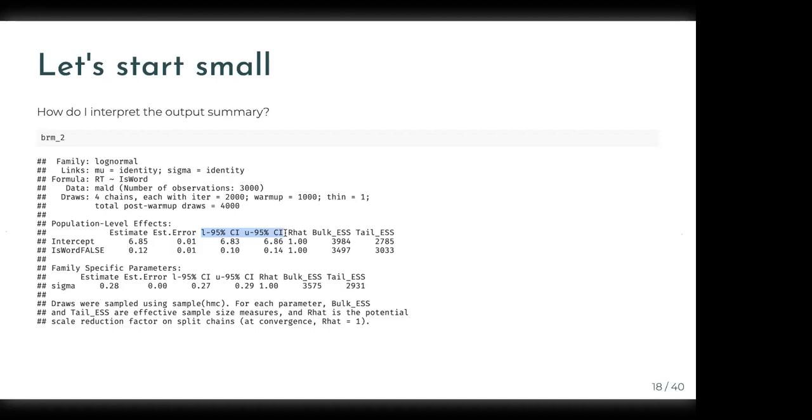That's why I was saying that Bayesian is actually much more intuitive, because some of the interpretation that you would apply to Bayesian is the interpretation that is unfortunately wrongly applied to frequentist models. So what this column is telling us is that there's a 95% probability that the intercept value is between 6.83 and 6.86.